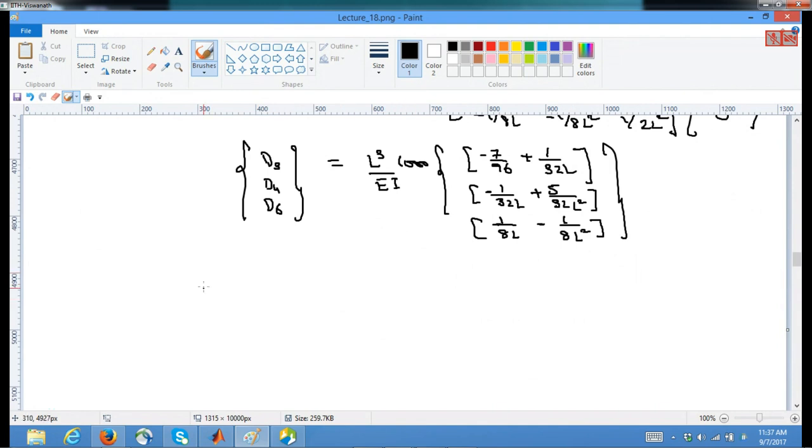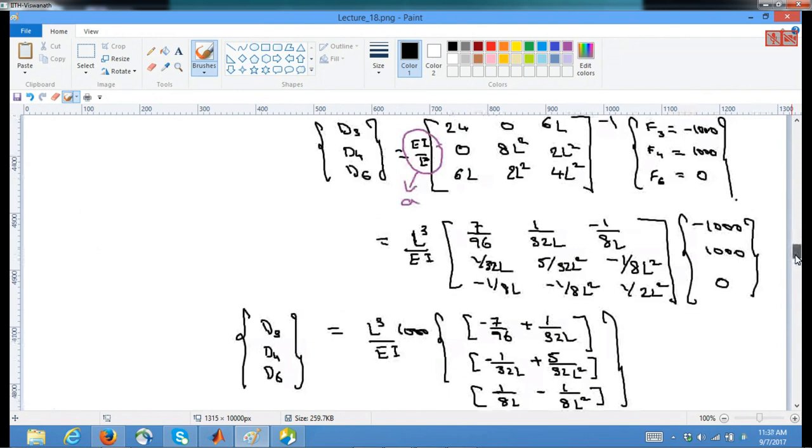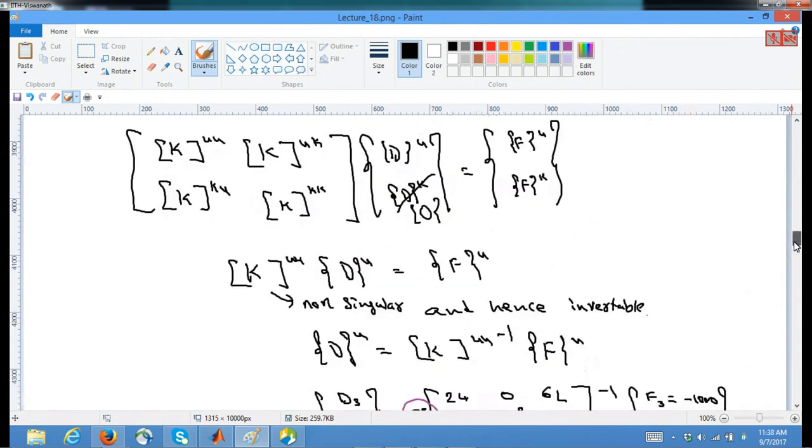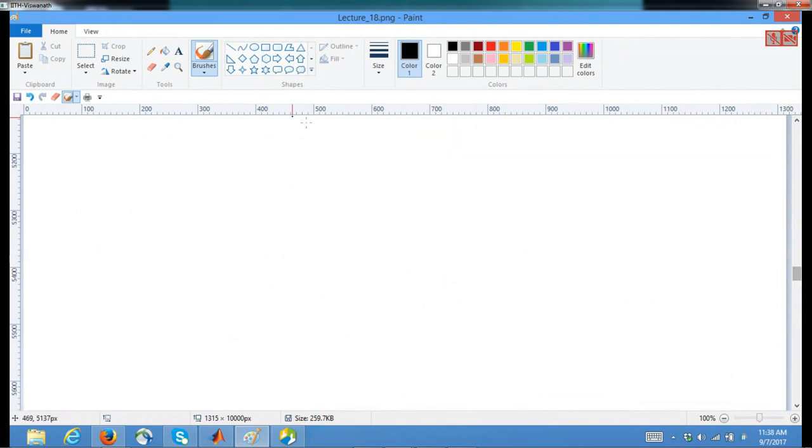Further, to find the reaction forces, we make use of this equation, the second one, and based on the second equation, Ku times du is equal to Fk.